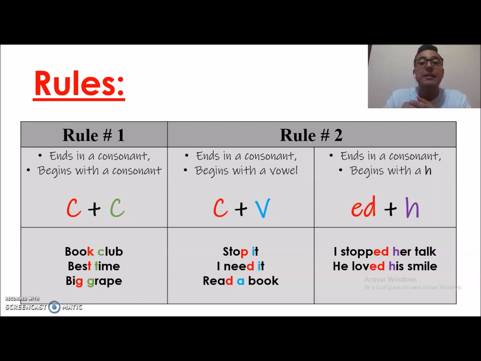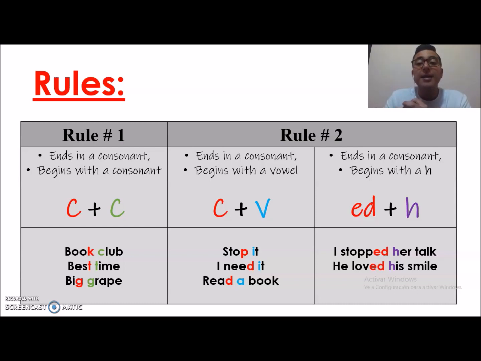So we have stop, which ends in a P consonant, and it, which starts with a vowel. So here what we're going to do is that we're going to put the sound together, and it means that it's going to sound like stop it. Stop it. It means that the consonant sound is going to be linked with the vowel sound. That's why we pronounce stop it.